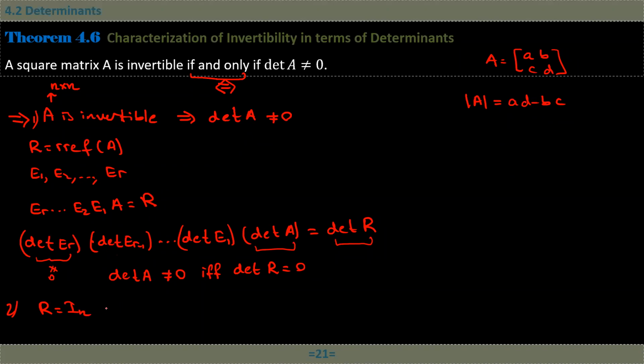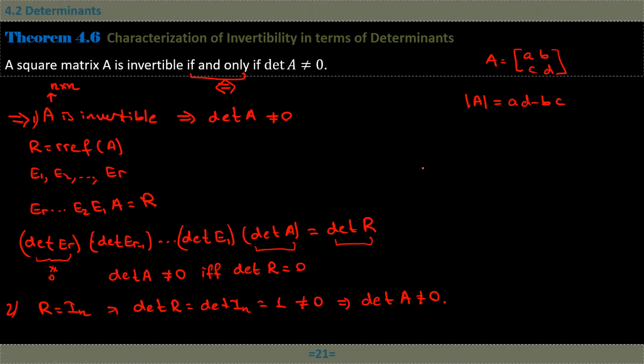And we know that determinant of R in this case, which is equal to determinant of In, is equal to 1. And obviously it's not equal to 0, right? And this shows that then determinant of A is not equal to 0.